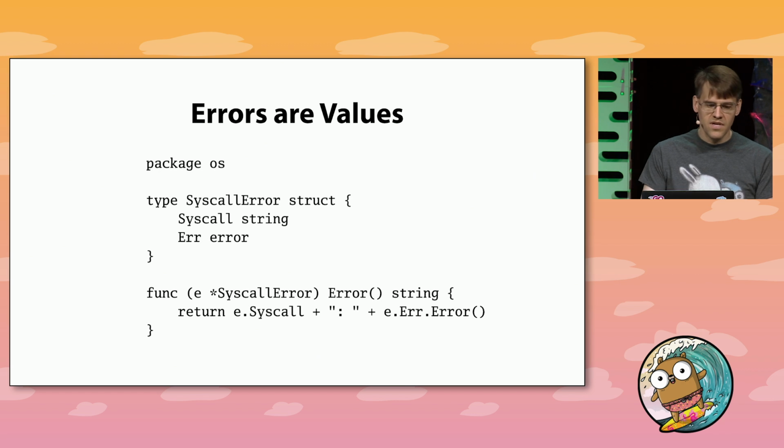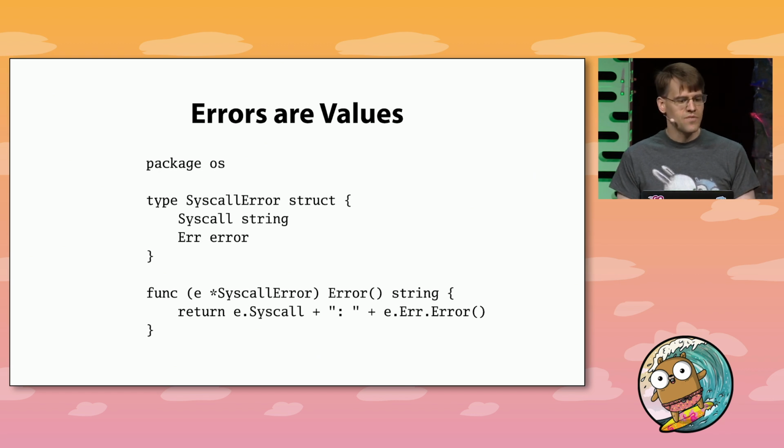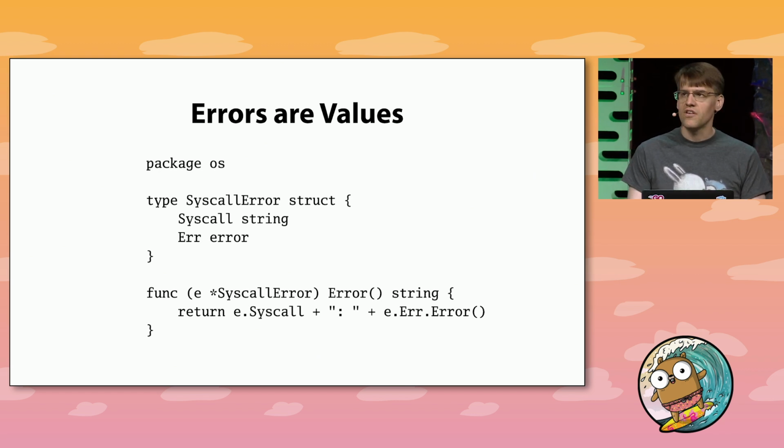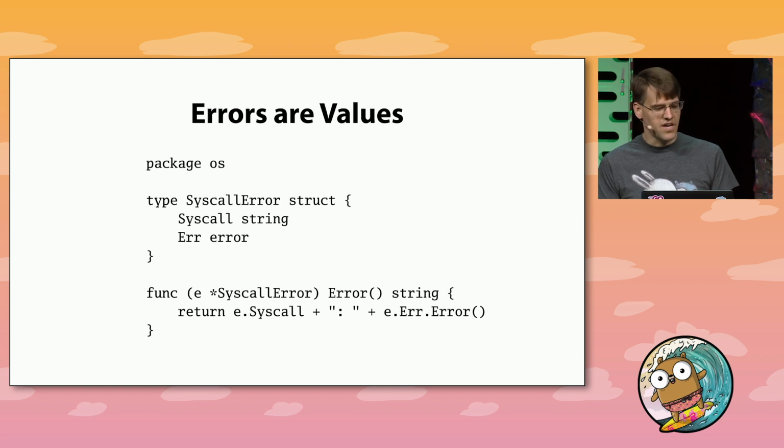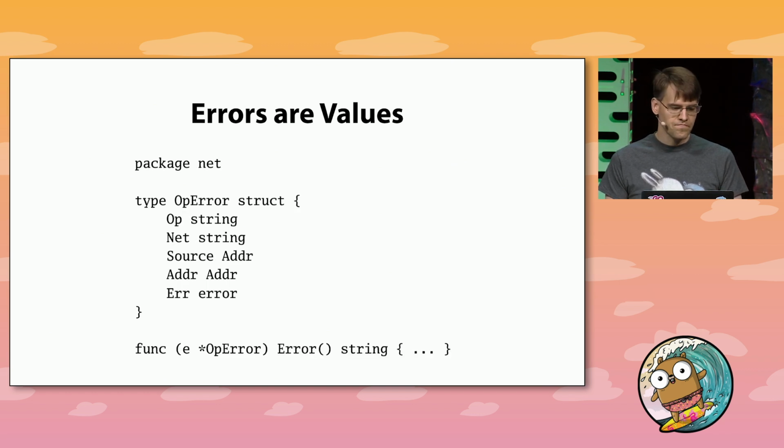Moving up a level, in package os, any system call failure is reported using a larger error structure that records what operation was attempted in addition to the error. There are a handful of these structures, and this one, SyscallError, describes an error invoking a specific system call, but with no information about its arguments.